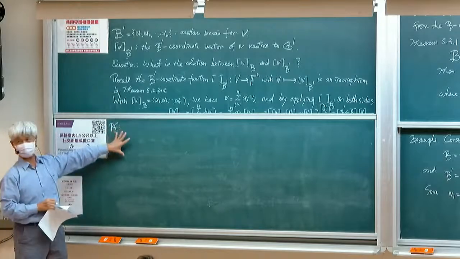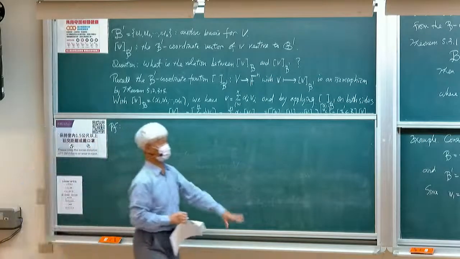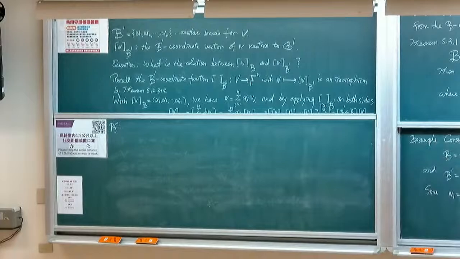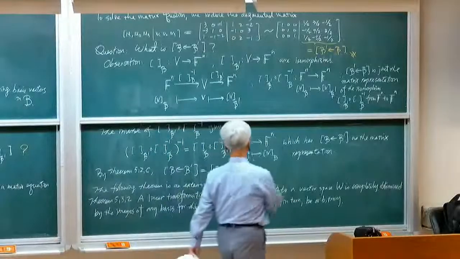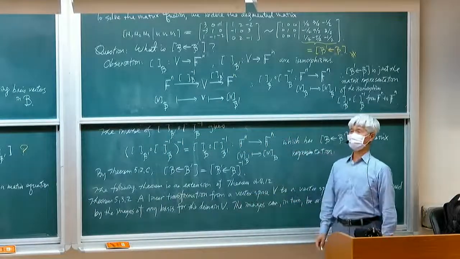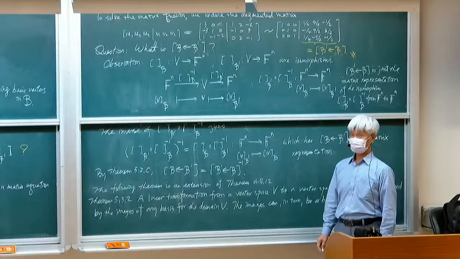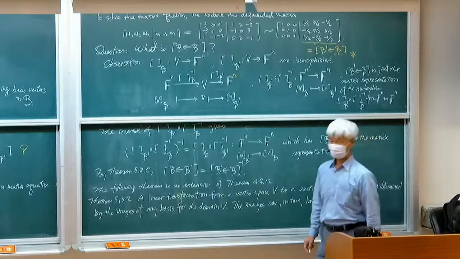Well, not complete, but it's almost the same, except at the beginning, because we are dealing with a linear transformation from an arbitrary vector space, not just a finite dimensional vector space.